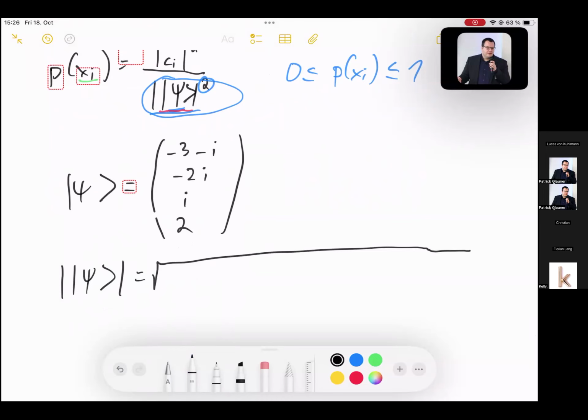And I'll already do the first step for you. The first entry is -3 minus i. We take the modulus of that entry and we square it, then -2i, and we square it, plus i squared plus 2 squared.